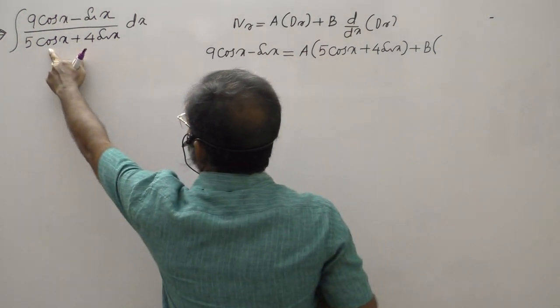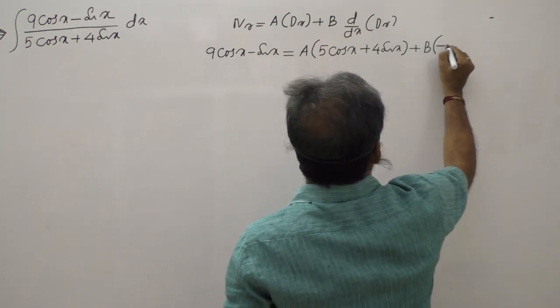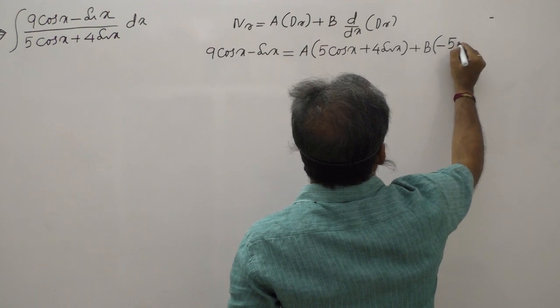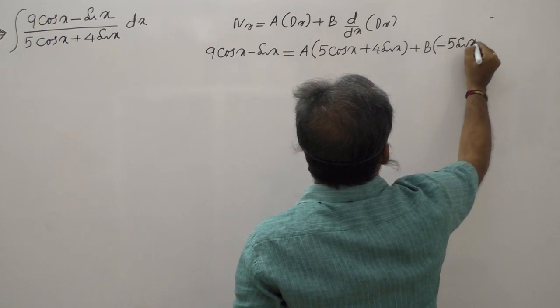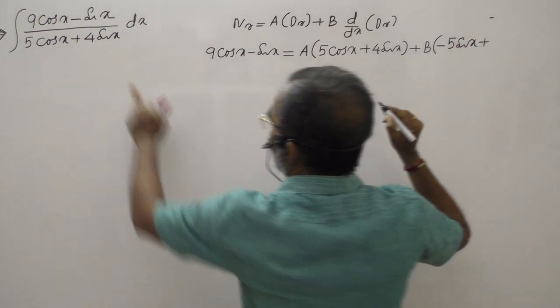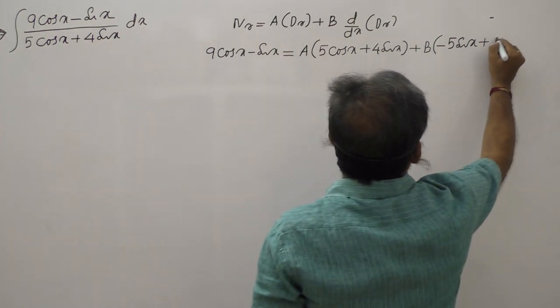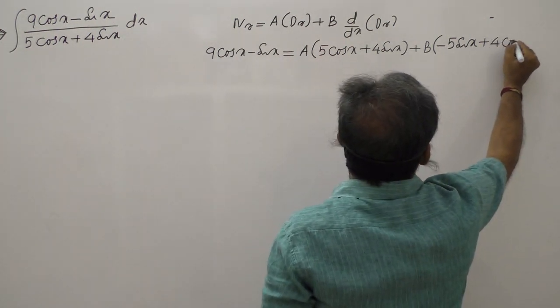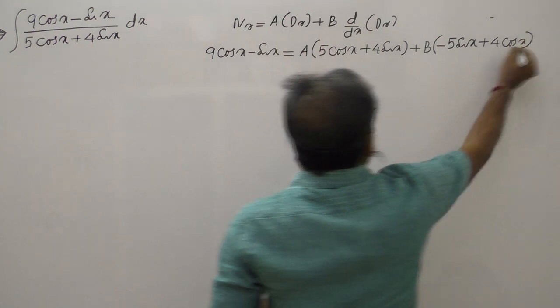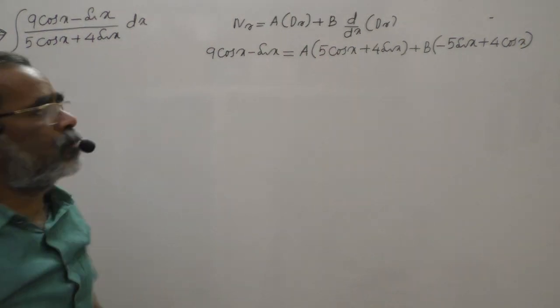That is its derivative. What is its derivative? 5 into cos x derivative is minus sin x, plus 4 into sin x derivative is cos x. So I have taken this.